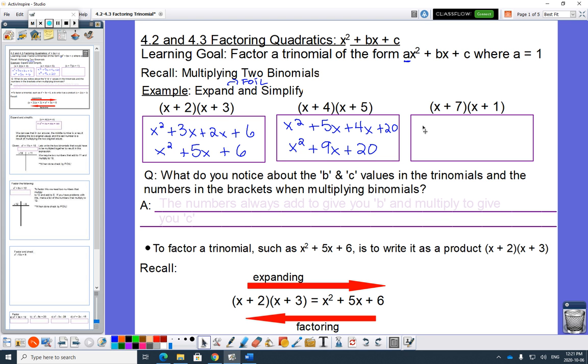Same thing here, x times x, x squared, x times 1.